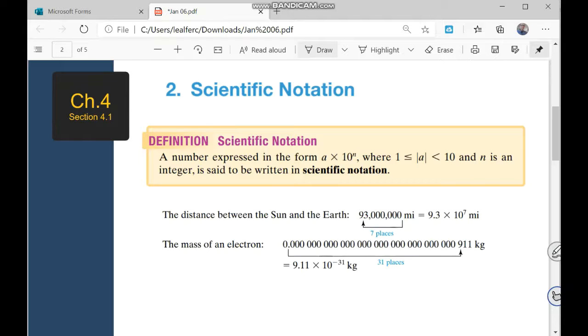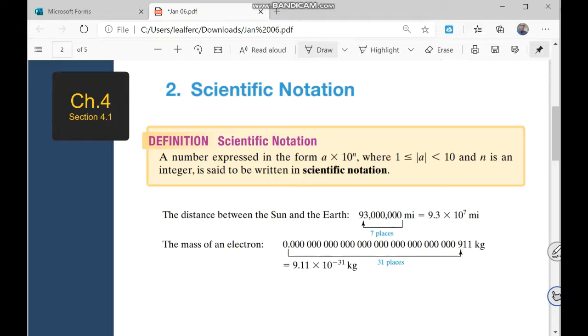You can read this definition. You can check here what scientific notation is, but I think it's better to understand when we see the examples. Scientific notation is something used to represent very large numbers or very tiny, small numbers.